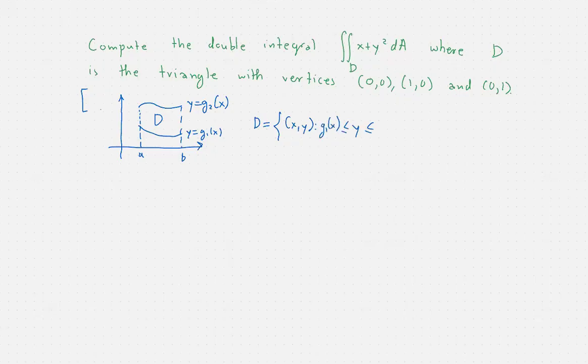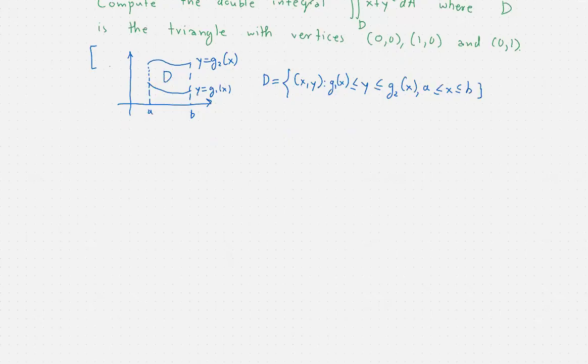Okay, so if we have such a domain and we wish to compute the integral of a function f of x, y, then this can be written as an iterated integral. We do first vertical integration, meaning we integrate over vertical segments of varying endpoints.